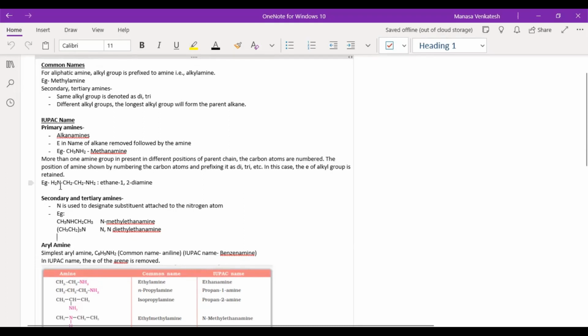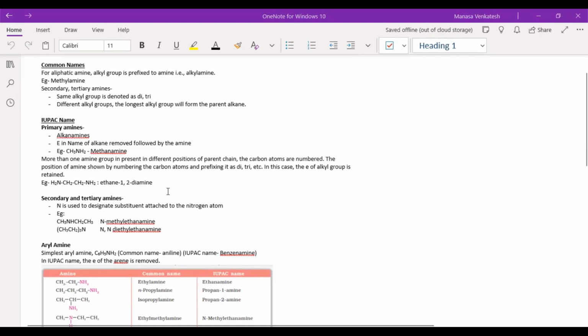Here you have one of the amines and here you have the second one, and both of them are primary amines. So basically we'll be numbering the carbon atoms to show the position of the amine groups. So the name of the compound becomes ethane-1,2-diamine, because the first and the second carbon atom has an NH2 and NH2.